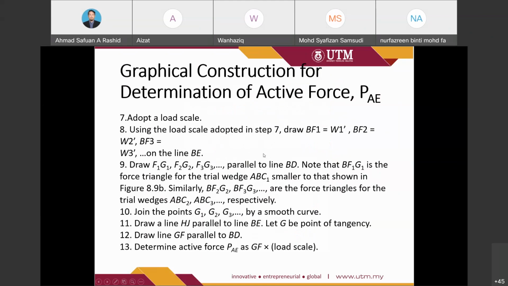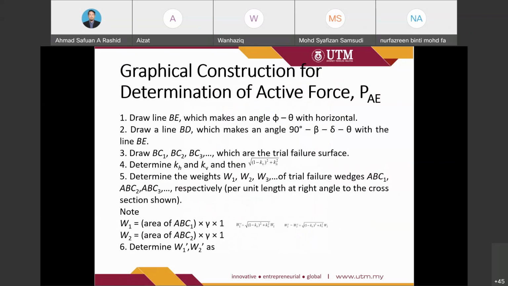The line should be parallel to BD. BD is here.